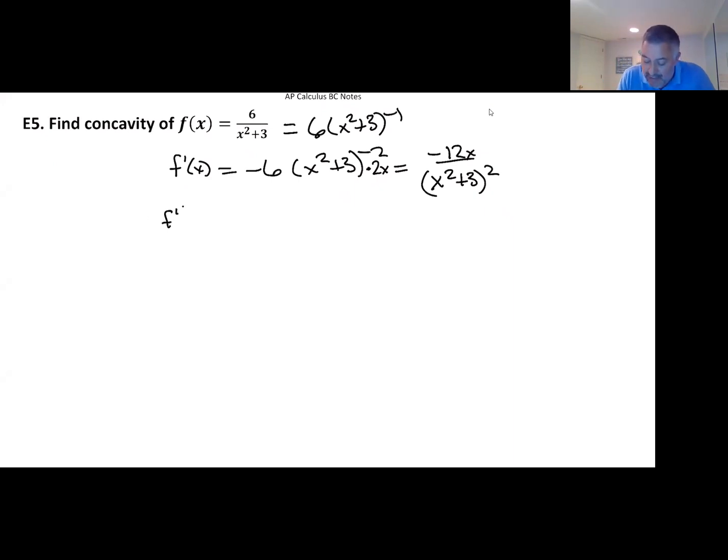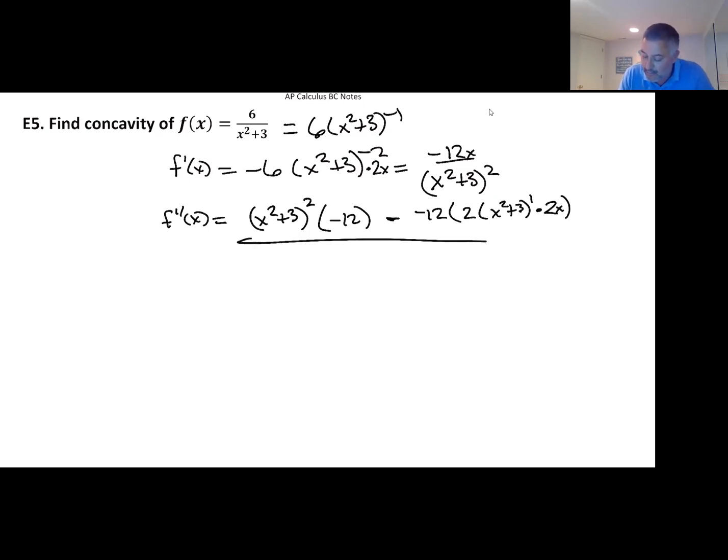The second derivative is a quotient rule. Low d high, x squared plus 3 squared times -12, minus -12 times 2 times x squared plus 3 to the first, chain rule, times 2x, all over x squared plus 3 squared squared, so to the fourth.